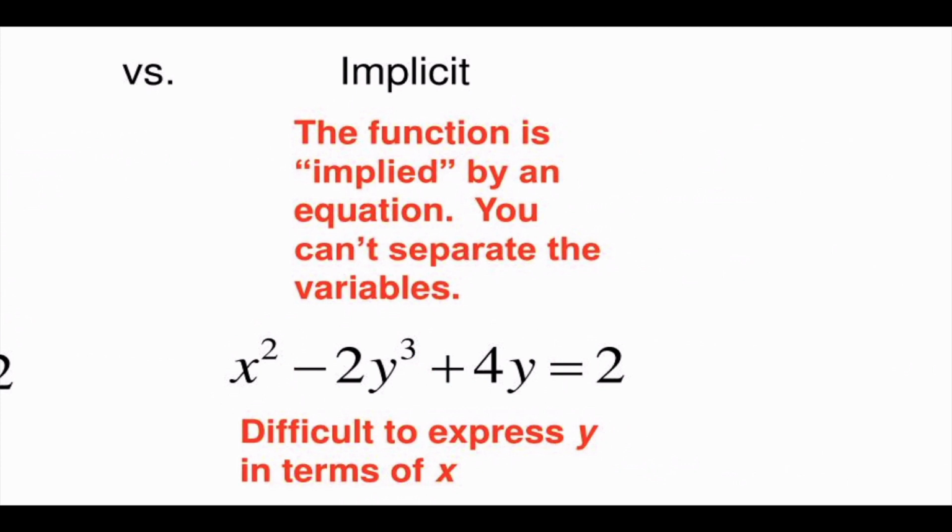They are things our calculator has a hard time graphing because they're not functions. So pretty much it's just when I can't get y by itself, what do I do?